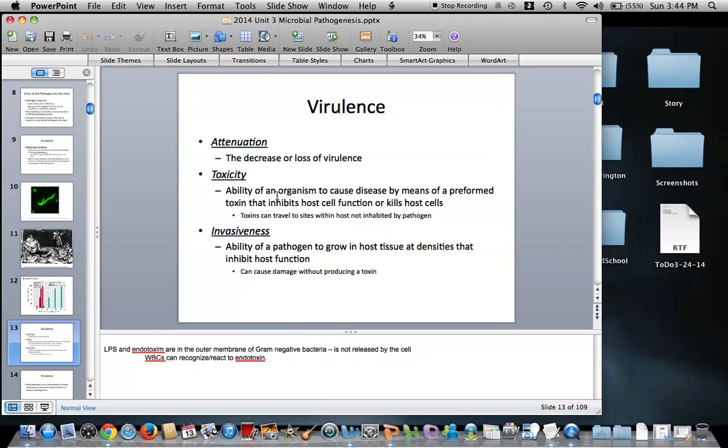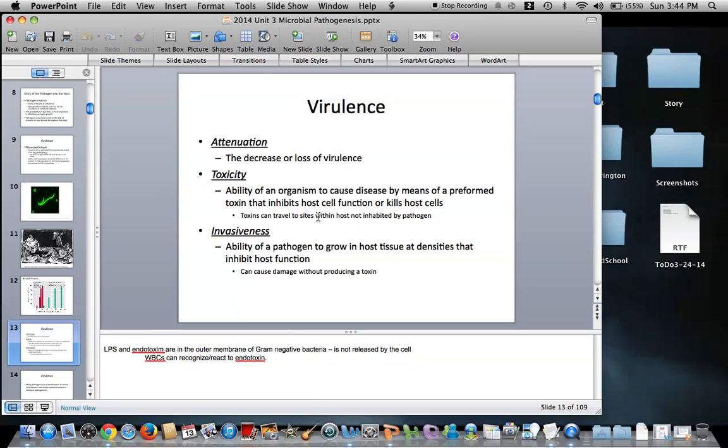Toxicity, ability of an organism to cause disease by means of a preformed toxin that inhibits host cell function or kills host cells. So this is a little bit different definition of toxicity than the earlier one. But essentially, it boils down to, does the organism produce a toxin that somehow messes with the host?